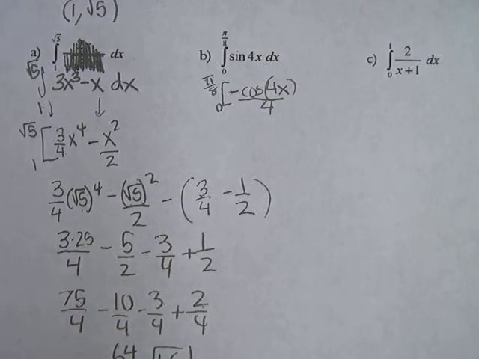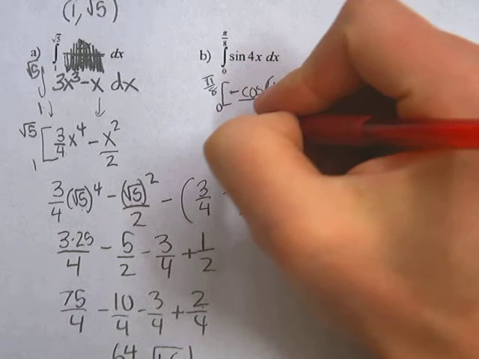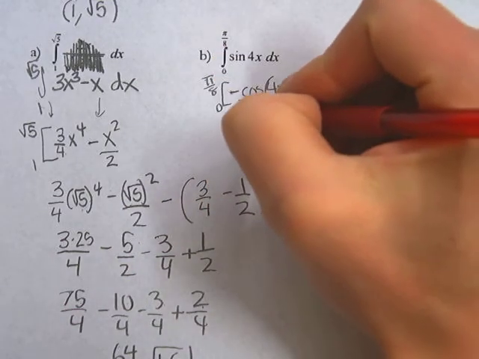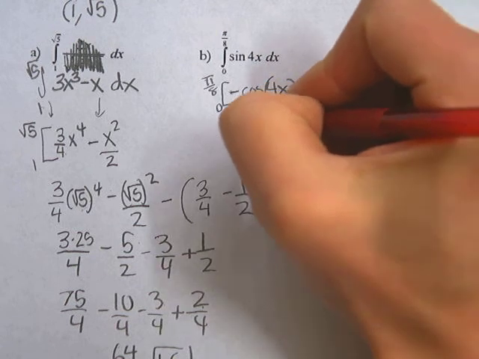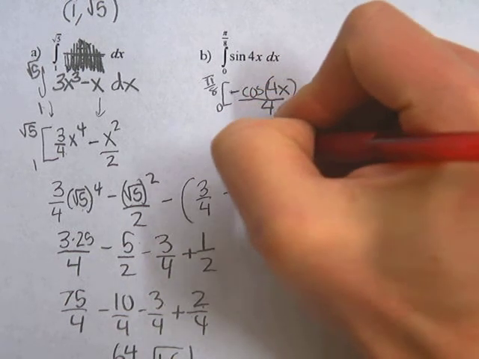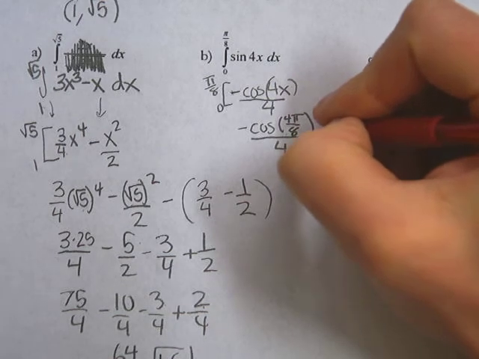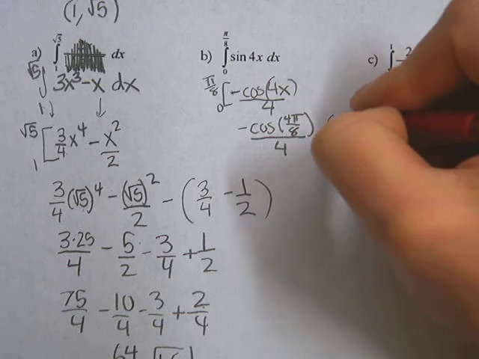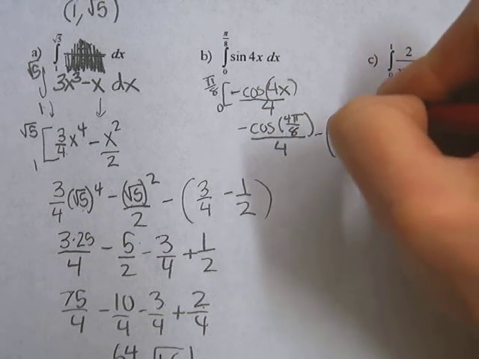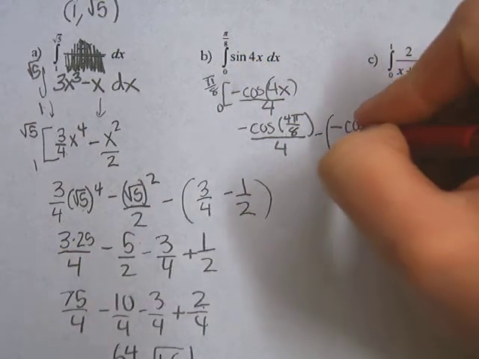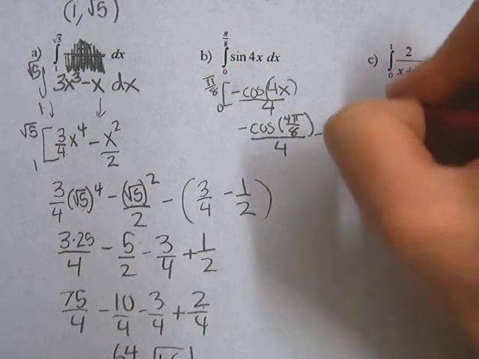Now I'm just going to plug in values. I get negative cosine of 4 pi over 8, over 4, minus a negative cosine of 0 times 4, which is just 0, over 4.